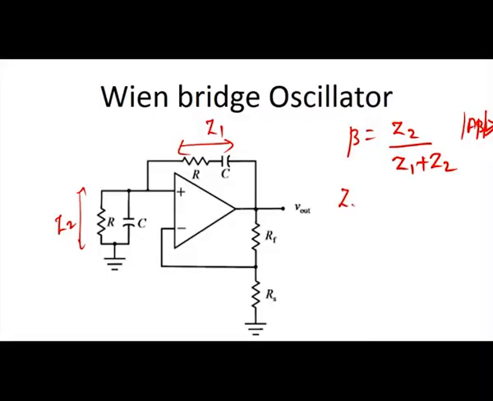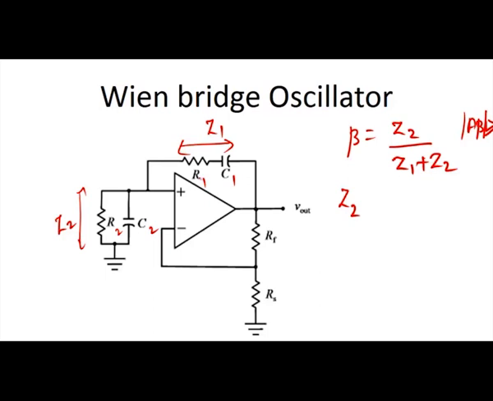So, what is Z2? It is the parallel combination of R and C. Consider this R and C as R2 C2 here, and this R1 C1 in series combination as of now. Finally, we will make R1 and R2 equal and C1 and C2 equal.